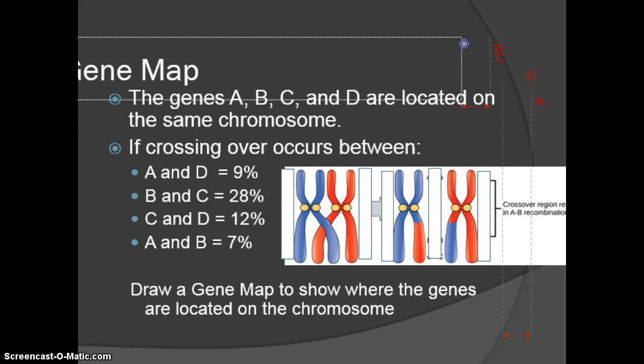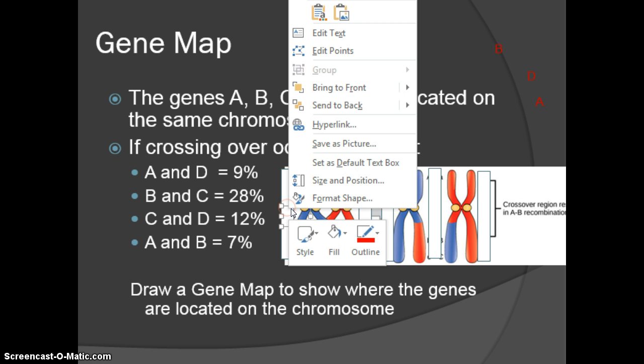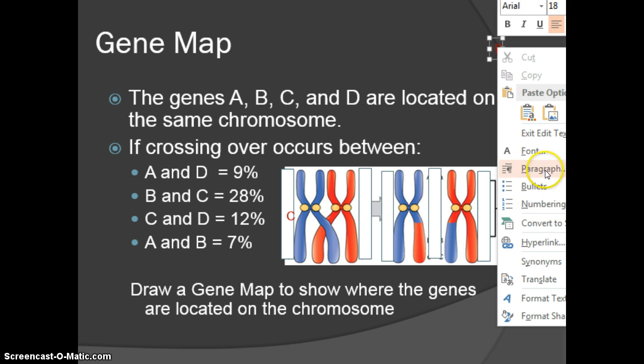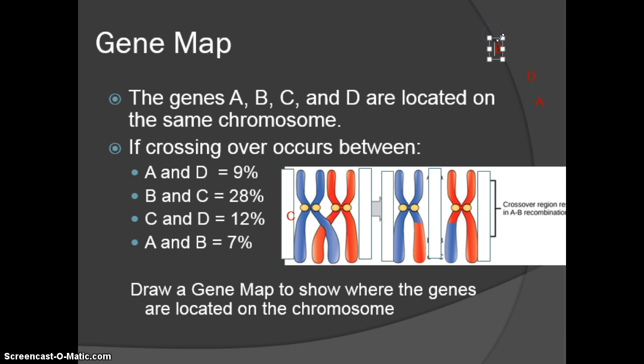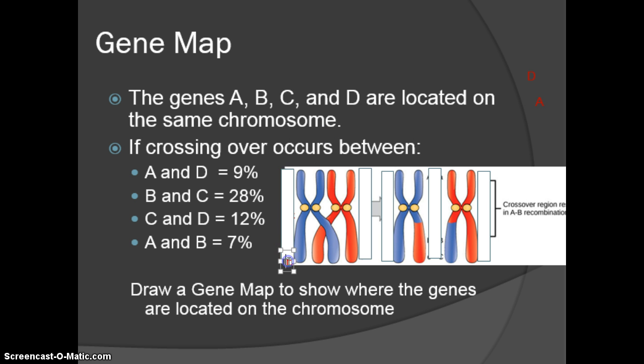So I'm just going to bring some of these down so we can see them. Okay, so if I'm saying C is right there, what does that mean about where B might be? B is probably going to be a little bit further away from it because we have the higher percent.